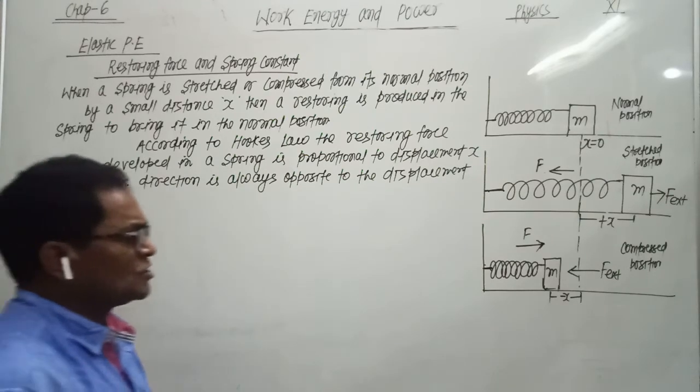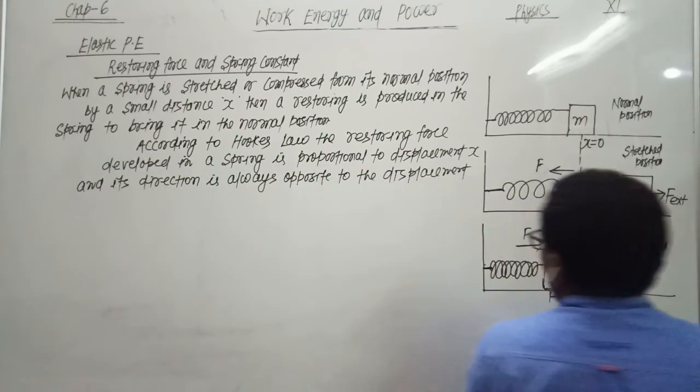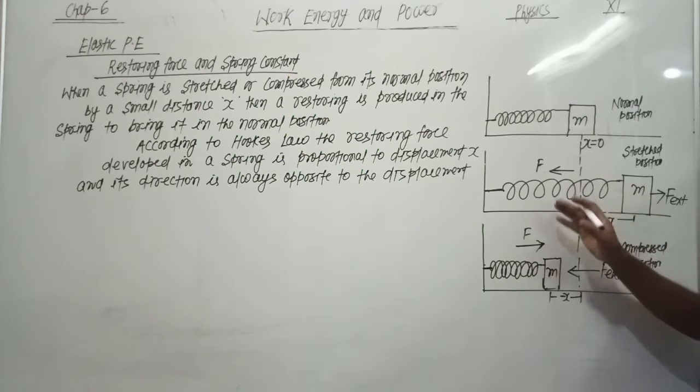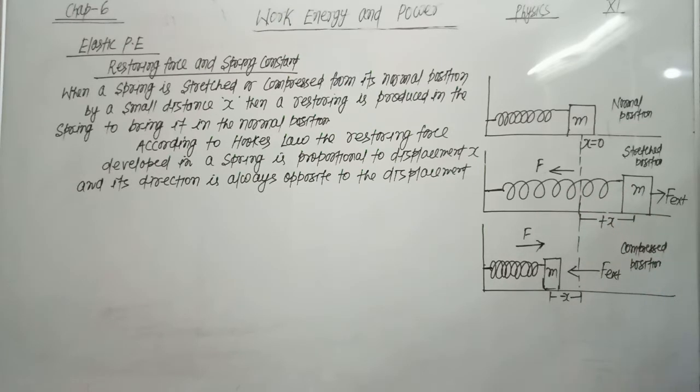According to Hooke's law, when an external force is applied to the mass, a restoring force develops in the spring, and the restoring force developed is proportional to the displacement.